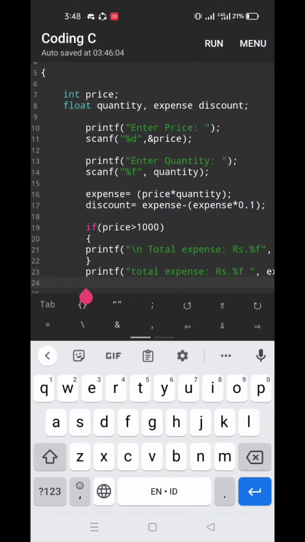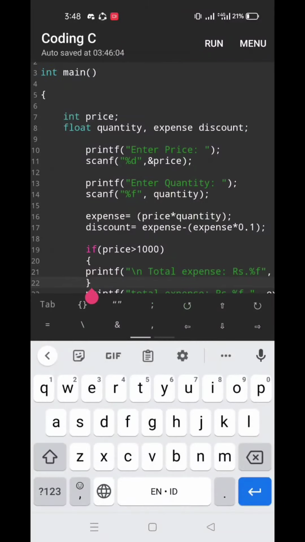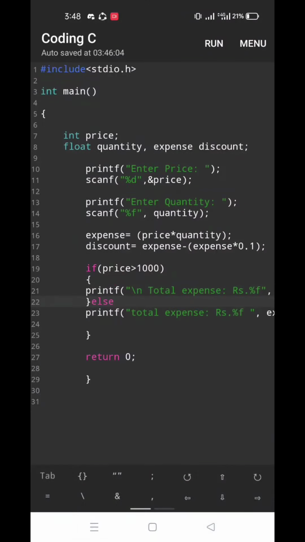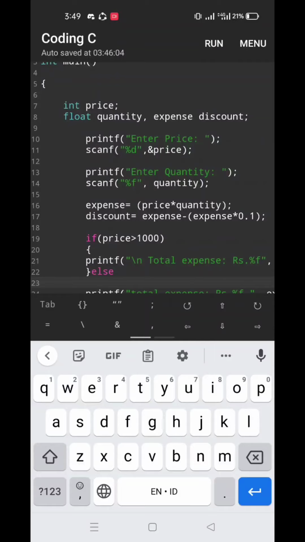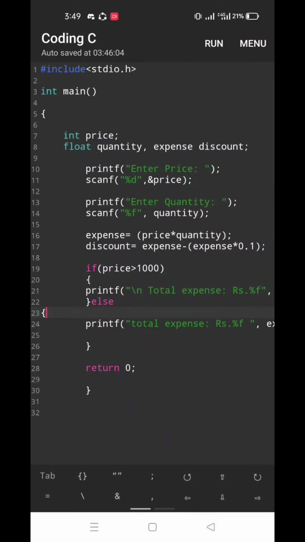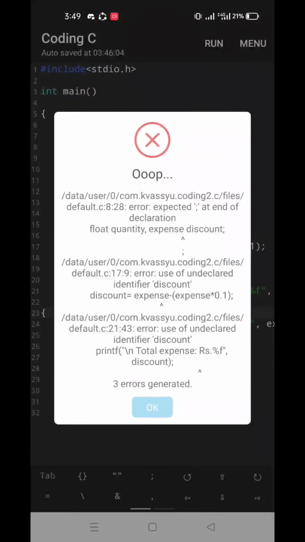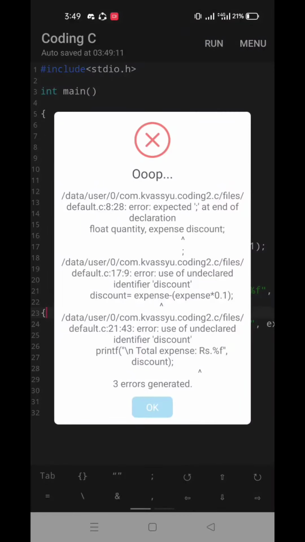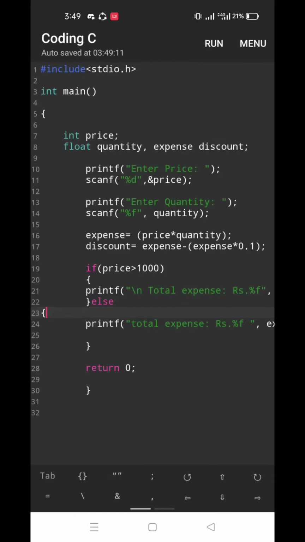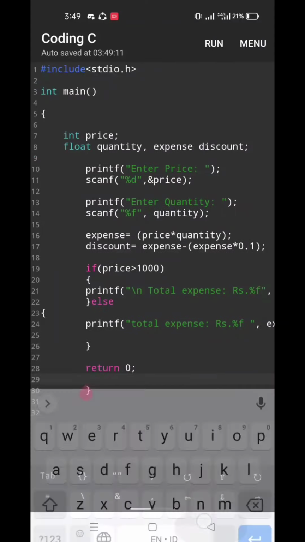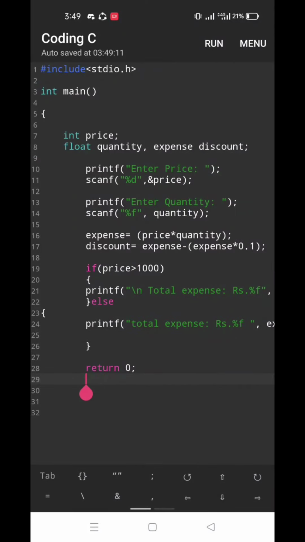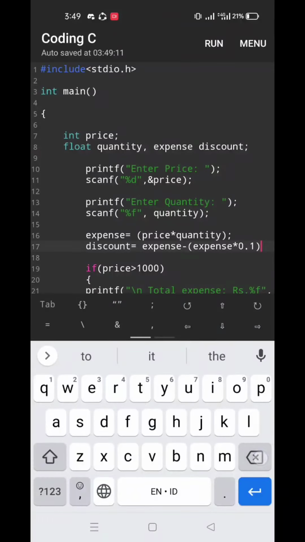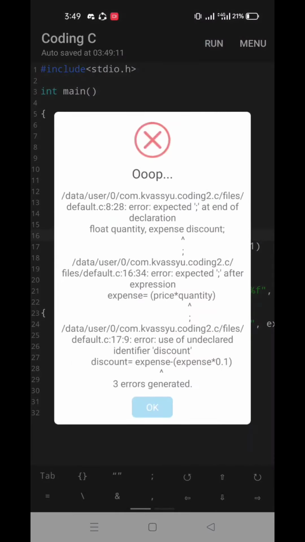So I think there is an error here. So we're going to put here else. Discount 0.1. Let's try to remove the term enter.